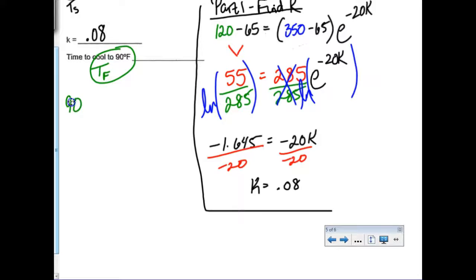Almost everything else is the same, with the exception that now I know k, but I don't know t. So remember k is 0.08, so the formula is e to the negative kt power, so negative 0.08 times t.